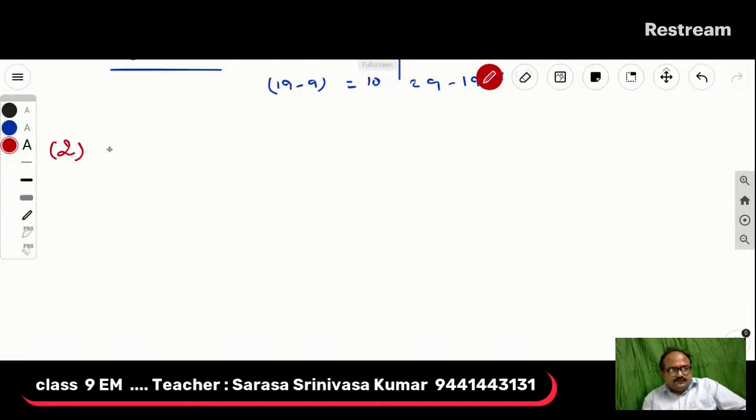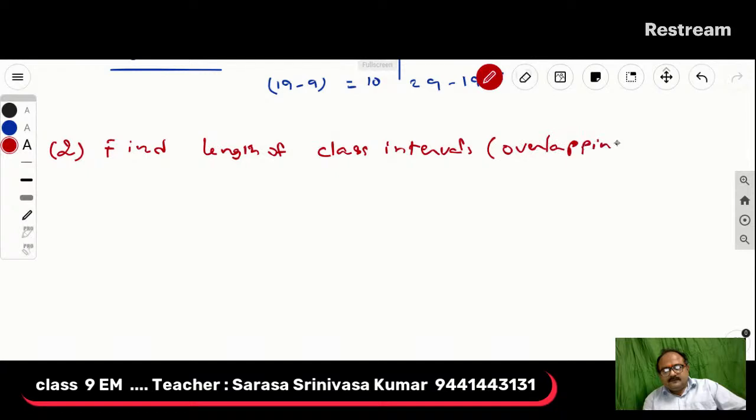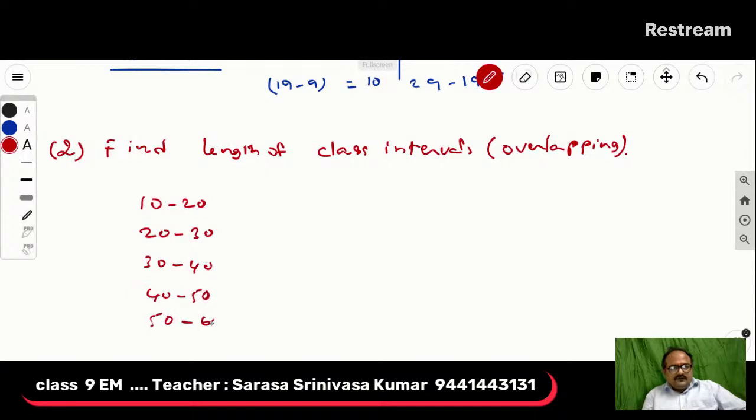Next, number 2. Find the length of the class intervals. Here overlapping: 10 to 20, 20 to 30, 30 to 40, 40 to 50, 50 to 60.